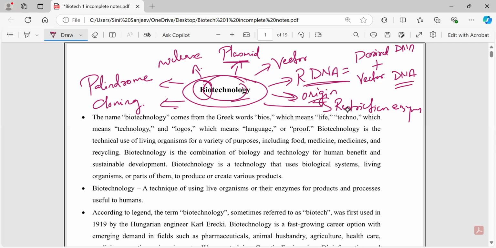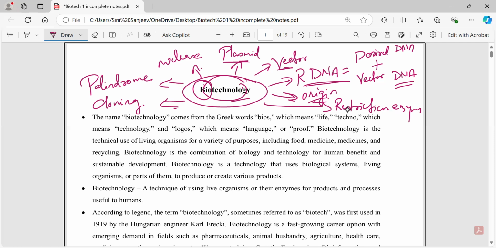Then you have plasmid, and we'll take vector. Plasmid is a chromosome which is capable of self-replicating. It's usually a chromosomal DNA, but it has the capacity of self-replication. If you put something in that plasmid DNA and insert it into your host, it will self-replicate.